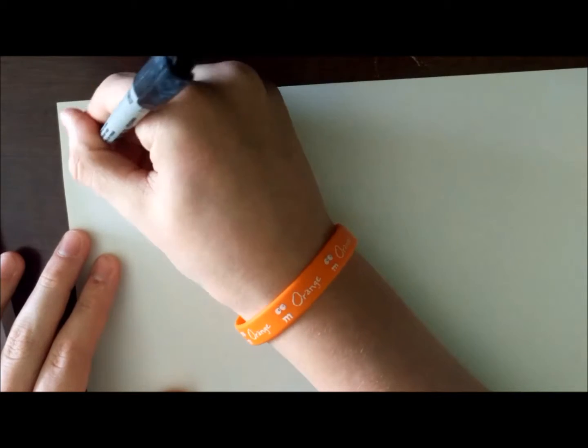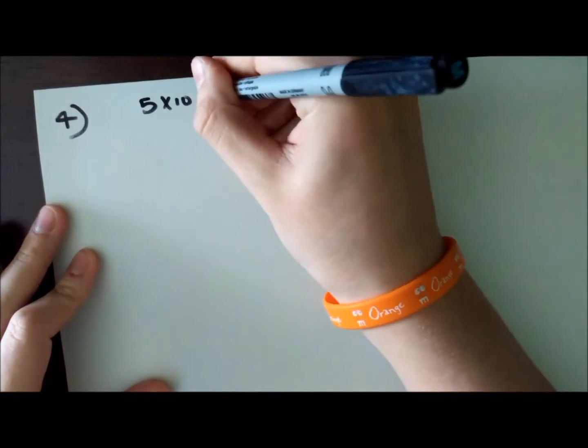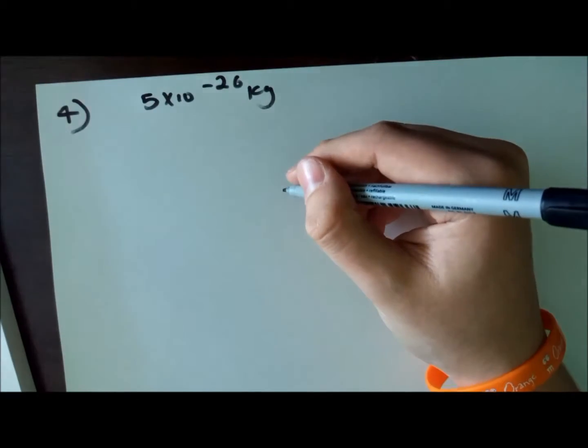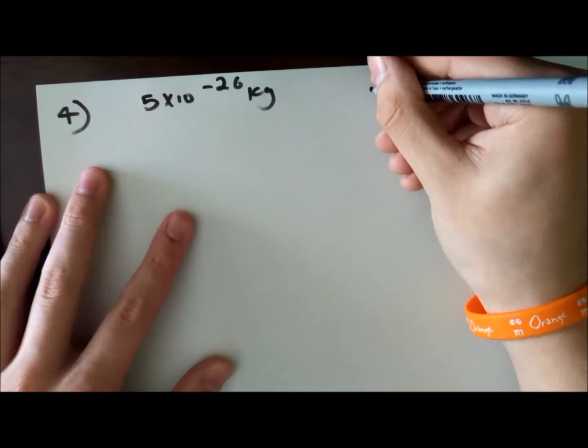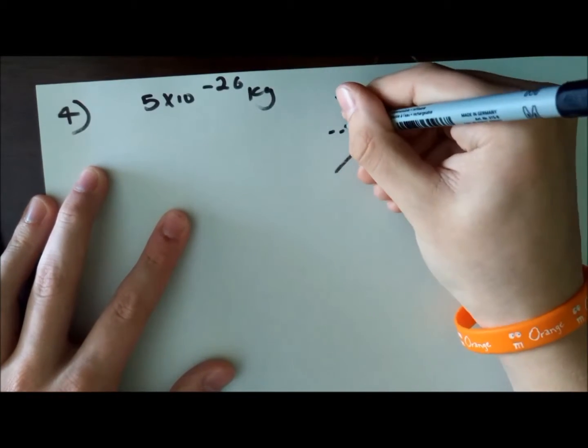Now, last question. Question 4. It says, repeat the calculation in question 3 for a molecule of the same mass, so 5 times 10 to the minus 26, again. It hits the surface at an angle this time. So there's the normal.